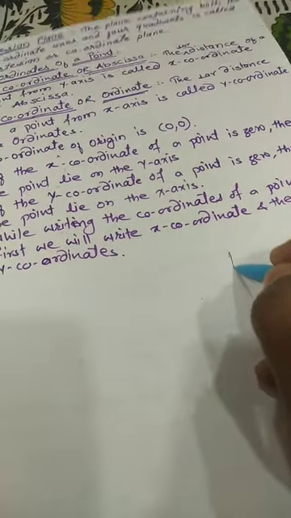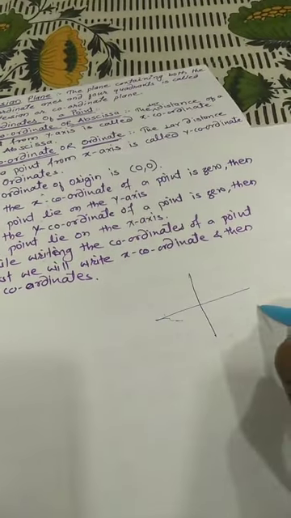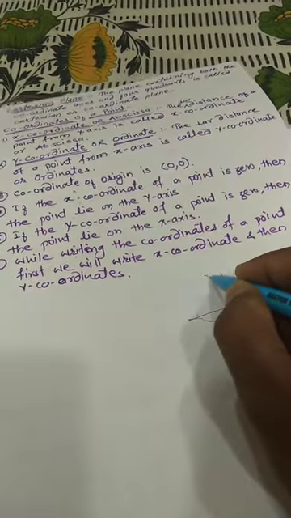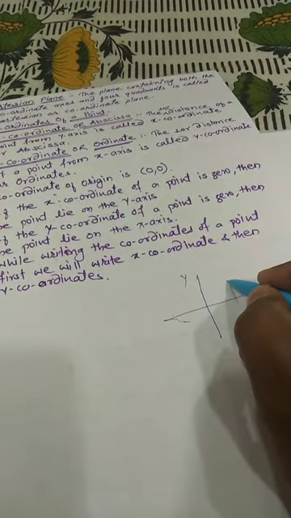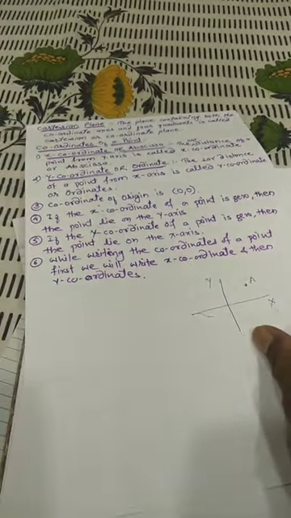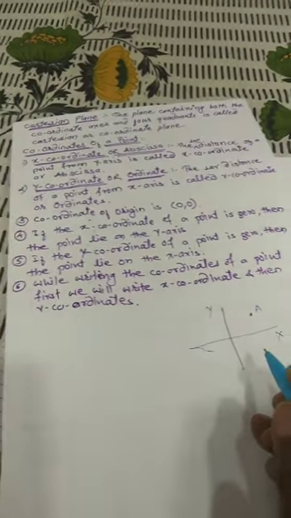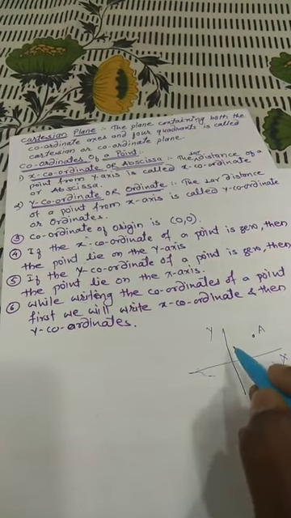For example, see this. This is the x-axis and this is the y-axis. Suppose this is the point A. What is the meaning of x coordinate or abscissa?